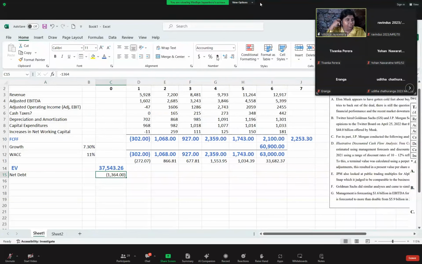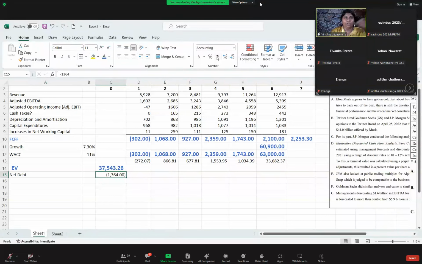So as I was saying, enterprise value is what belongs to both debt and equity holders, right? So if it belongs to both, I want what belongs to the shareholders. Because of that, I have to take out the debt component. Here, the debt component is negative, because the cash component is higher.